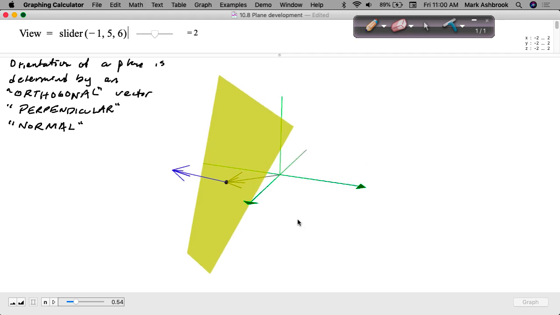We know that it will go from the origin to that point. And then I'm going to take my normal vector and set its tail on that point. Normal vectors are mobile. I can put that thing anywhere I want. I'm going to set its tail right there on the point that we know.